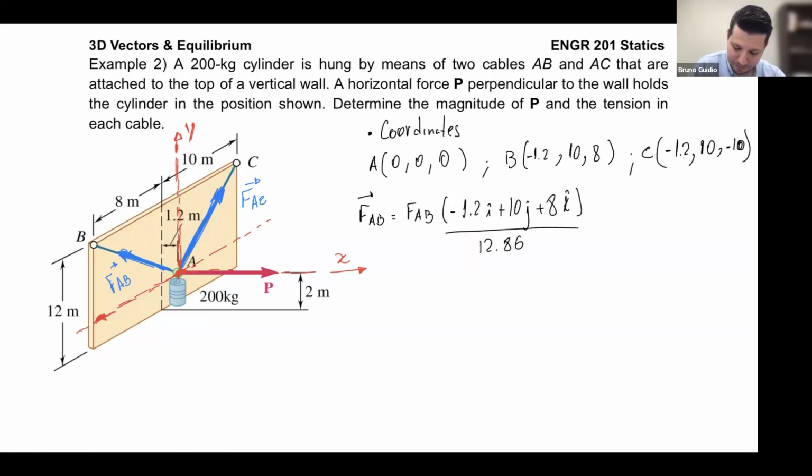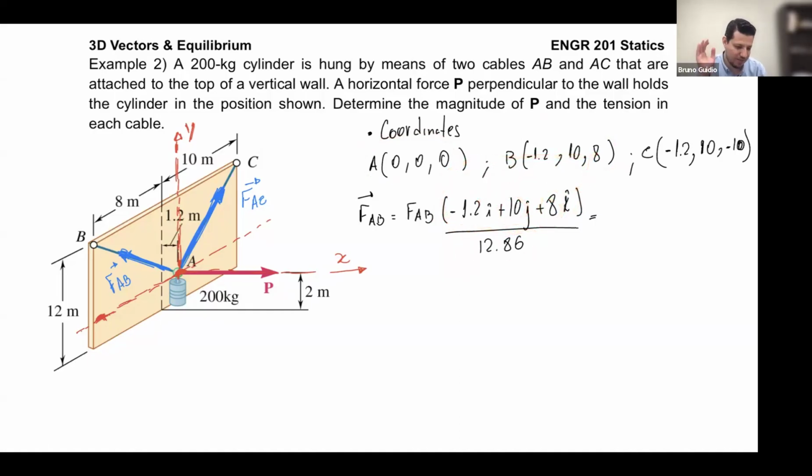12.86. Where did I get this? Well, remember this is B minus A, and this is good because A is 0, so it's all the same here. But in reality, this is B minus A. And what is this? This is the square root of 1.2 squared plus 10 squared plus 8 squared, which is going to be 12.86.